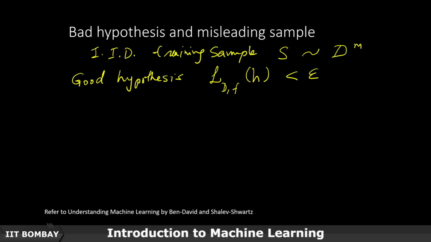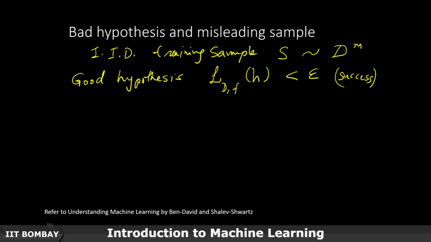This could be a 0-1 loss function, for example, 1 for misclassification and 0 for correct classification. We will come to that in a bit, but for now it's a general loss function. What we are saying is that if we take this hypothesis over the entire distribution D and an underlying function f, and the error rate is less than epsilon, then this is a good hypothesis. If it is greater than or equal to epsilon, then it is going to be a bad hypothesis. So this is a success. We are not being very strict that the error has to be 0.